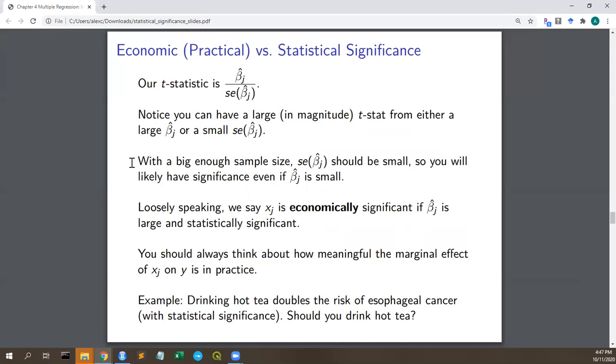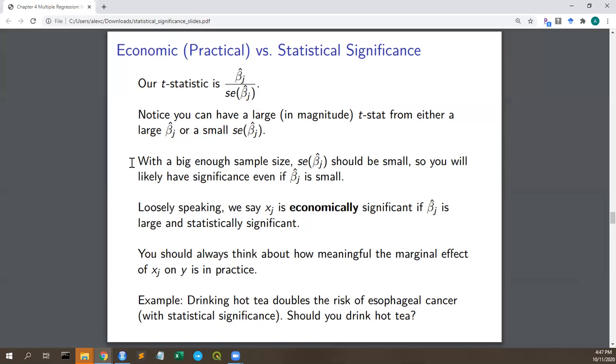But there are two ways we can get our t-value to be large. We can either have a very, very large beta, or we can have a very, very small standard error. If the standard error is really small and the beta j is small but not as small, and that t-value is still large enough to be significant, that's great, but it might not be economically meaningful.